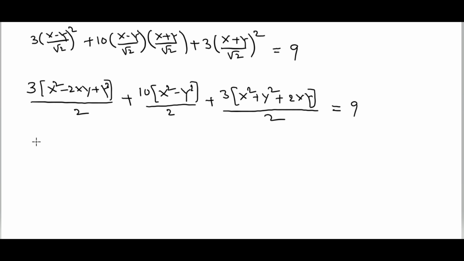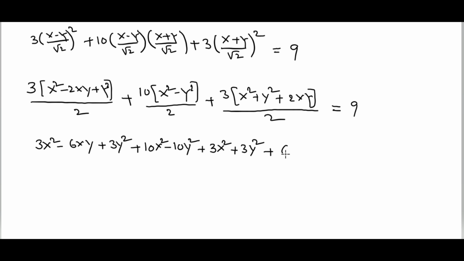So 3x square minus 6xy plus 3y square, plus 10x square minus 10y square, plus 3x square plus 3y square plus 3 into 2, 6xy, by 2 is equal to 9.